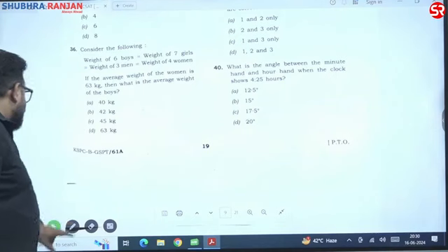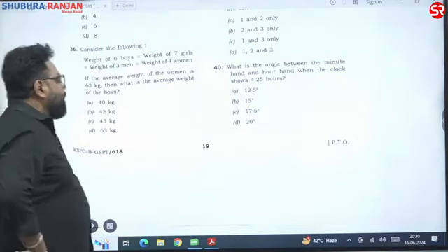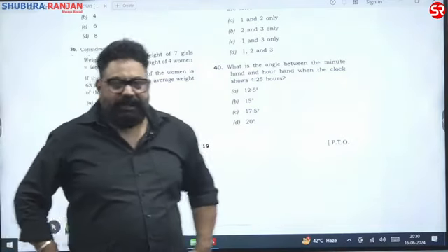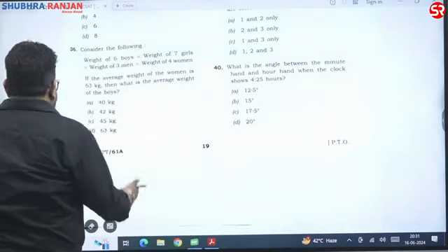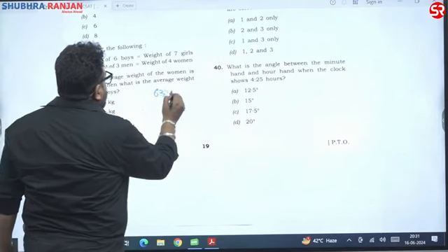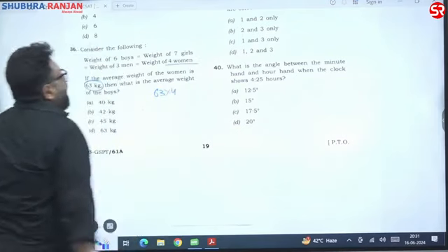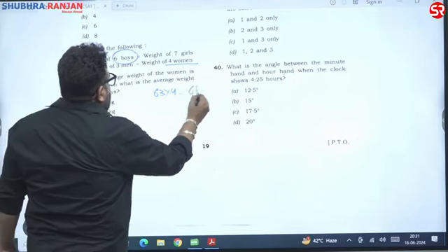He says, now, weight of 6 boys is equal to weight of 7 girls is equal to weight of 3 men is equal to weight of 4 women, right? And if the average weight of a woman, so one woman average weight is 63, so 4 women total weight would be 63 into 4, which is equal to 6 boys' weight.